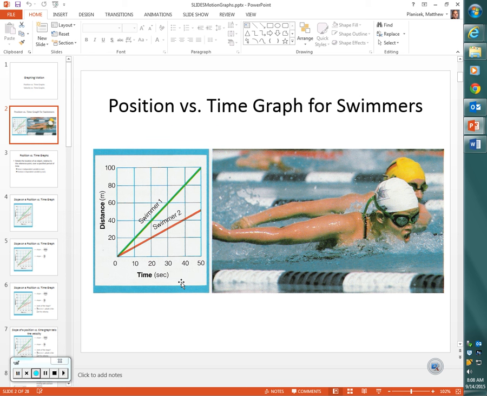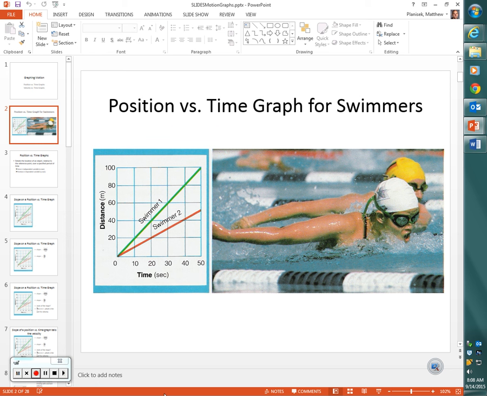Distance, right? It can tell us how far an object moved. It can tell us time, when it was in a certain spot. It can tell us where it was. So the 5 things in my mind: it can tell us position, where an object is, just by where it shows up on the graph. It can tell us time, when an object was in a certain spot.